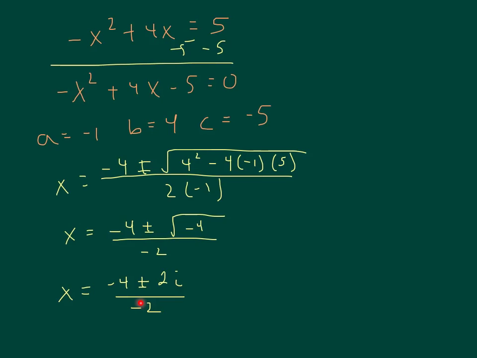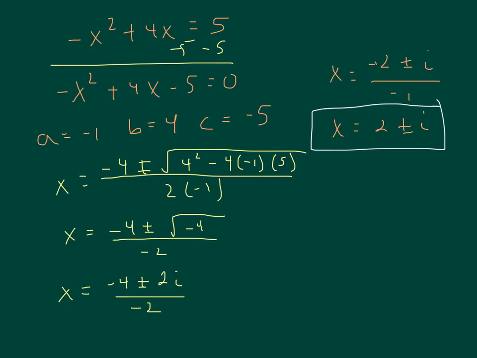So we're going to say x equals -2 plus or minus i all over -1, or that's going to be x equals 2 plus or minus i as a final answer, because negative divided by a negative is a positive, and plus or minus divided by a negative is plus or minus still. So here's our final answer.